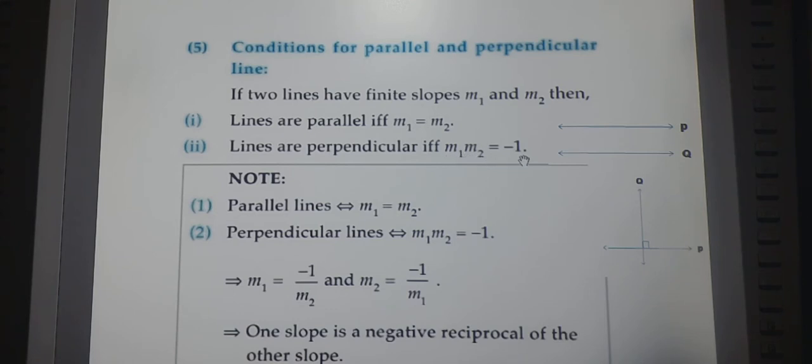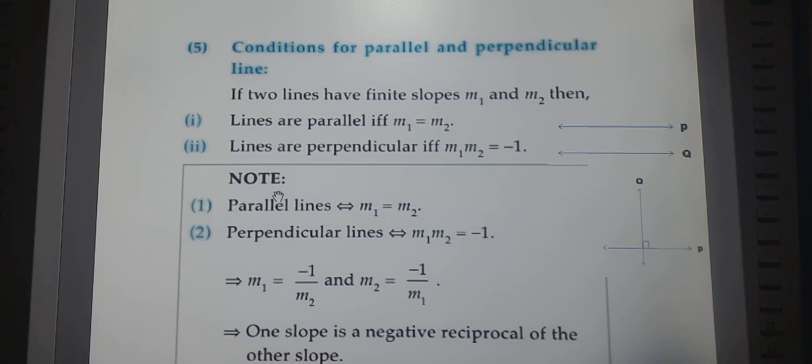That means when we have to find the slope of a line, if the slope of one line is given and a condition is given whether the lines are parallel or perpendicular, then using that condition we can find the slope of the remaining line.